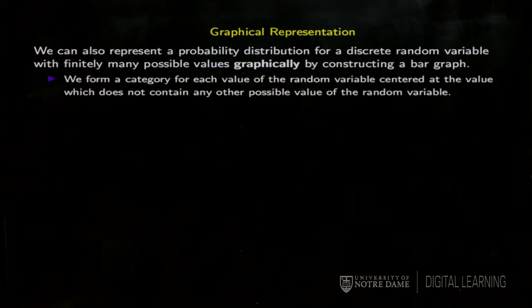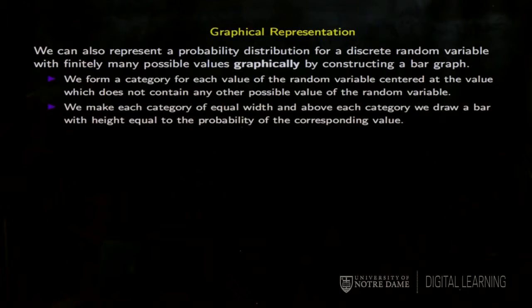So recall how I do this. I form a category for each value of the random variable, and I'm going to center it at that possible value of the random variable. And that category, or that interval, should not contain any other possible values of the random variable.